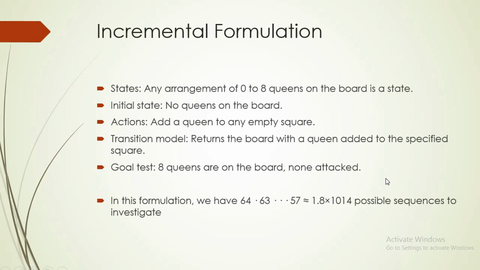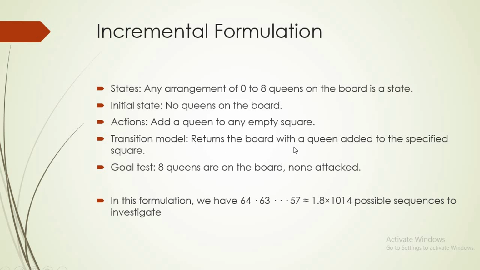So explaining, let's say we choose the incremental formulation method of this chess problem. The incremental formulation goes by this. The states: any arrangement of 0 to 8 queens on the board is a state. The initial state: no queens on the board, as we said, we have to add incrementally and check that they are not attacking each other. The actions: add a queen to any empty square.